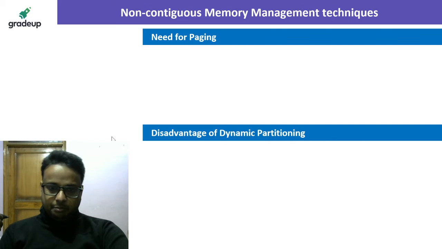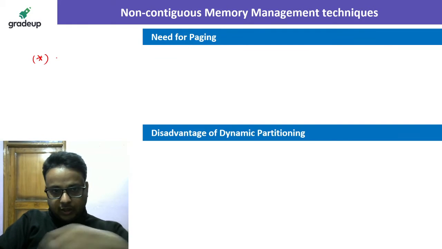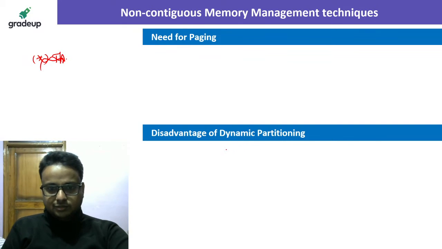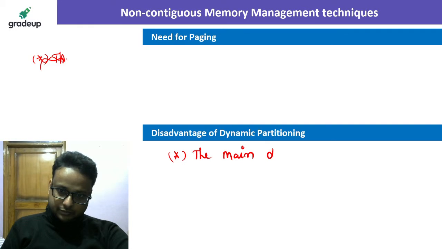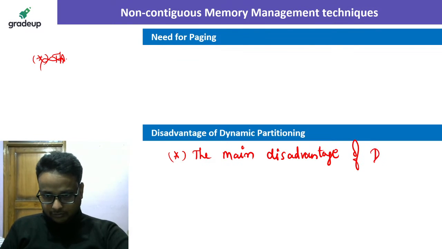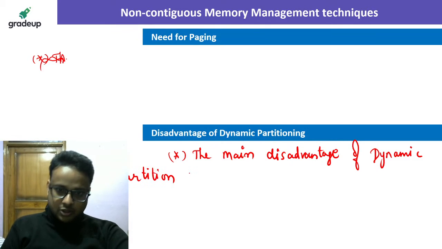That is the reason we need paging. So here, the main disadvantage of dynamic partition is external fragmentation.